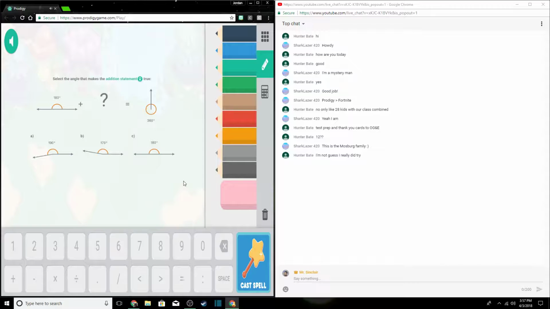So select the angle that makes the addition statement. So we want to take 180 and add it to something to equal 360 degrees. Let's see. So what we're going to need to do is subtract.